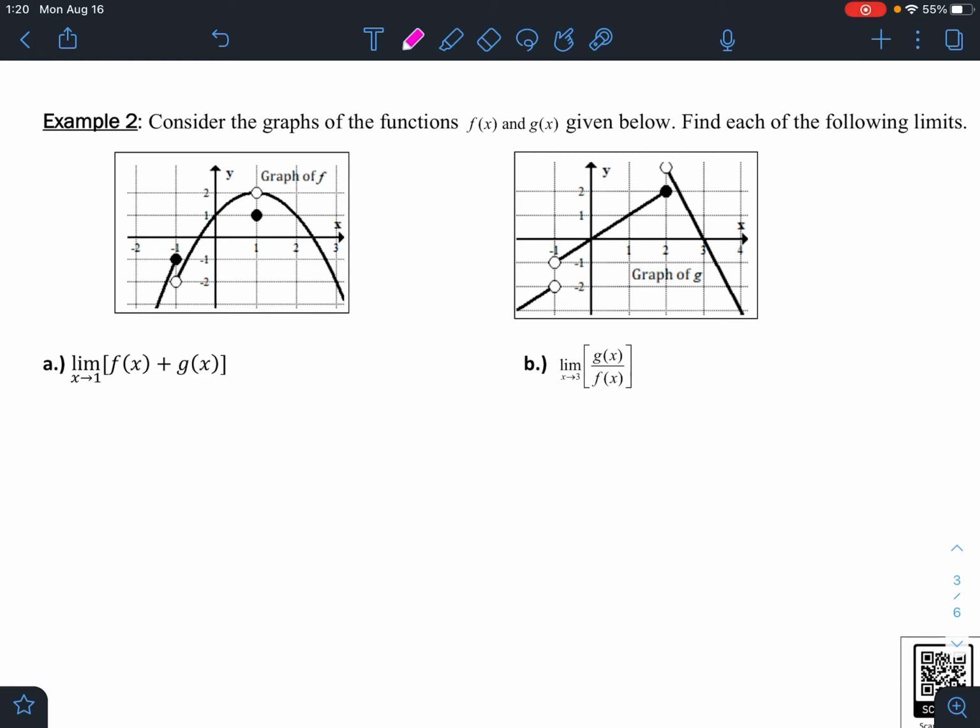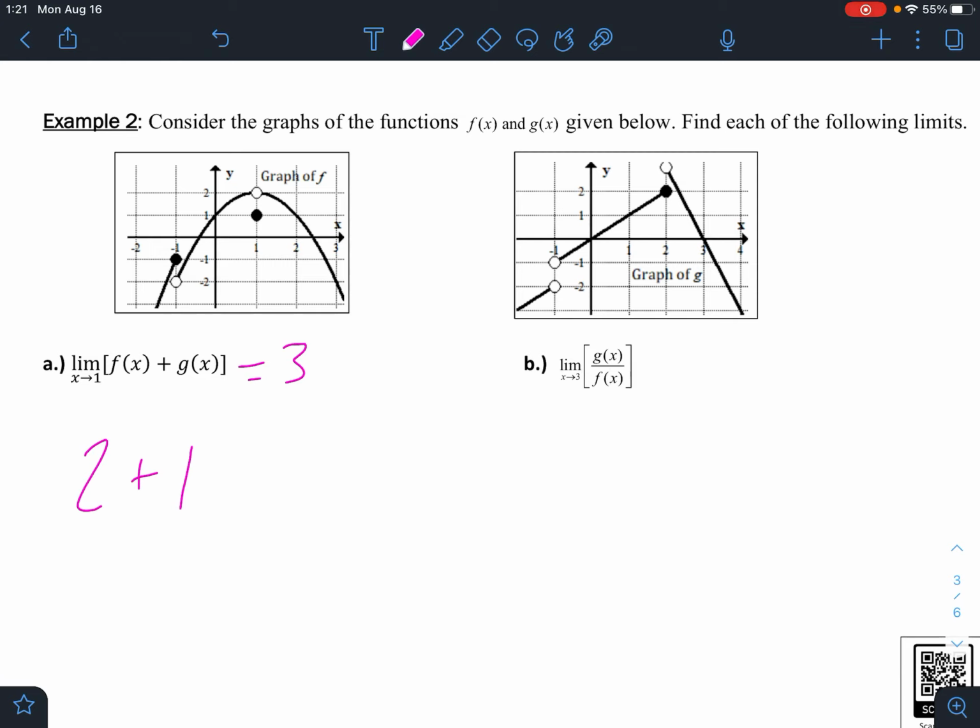So the first one says find the limit as x approaches 1 of f plus g. So the limit as x approaches 1 of f is 2. The limit as x approaches 1 of g is 1. So 2 plus 1 is 3.